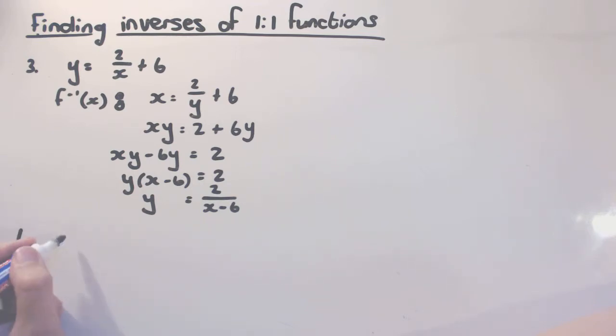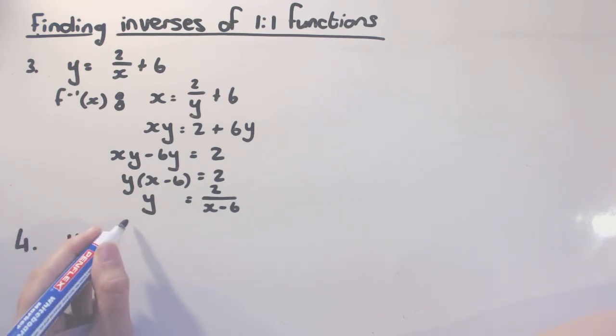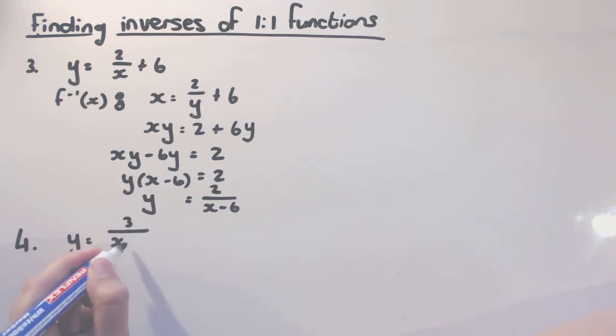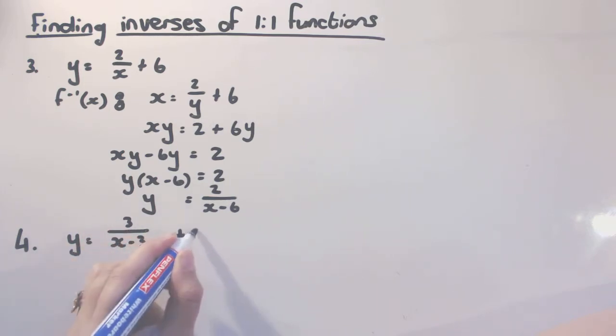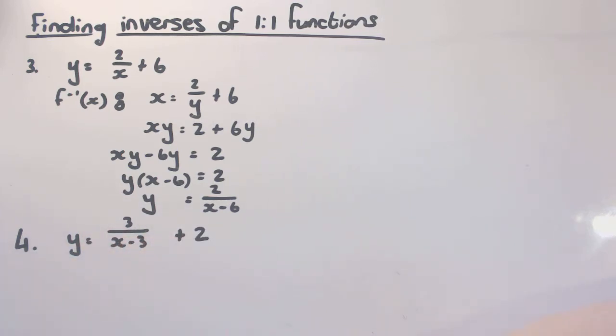So say for instance I've got y is equal to 3 over x minus 3 plus 2, like that. Then for my inverse function, I'm just going to swap them.